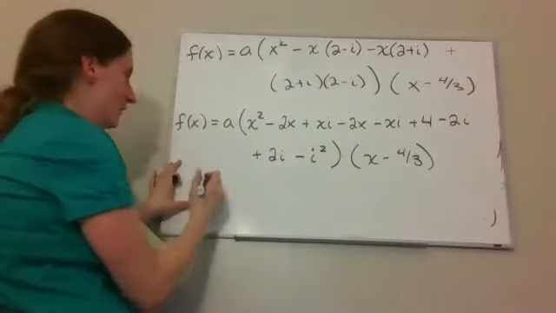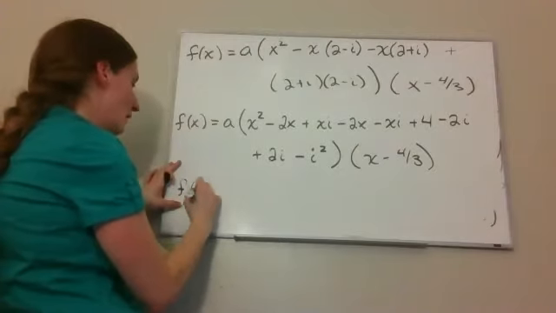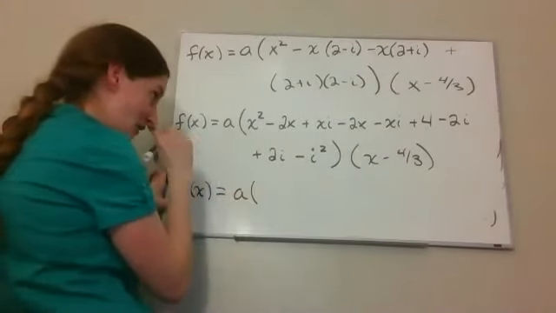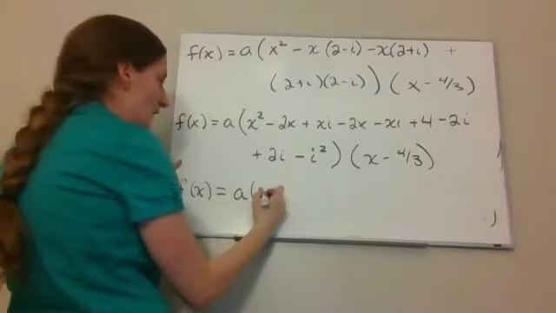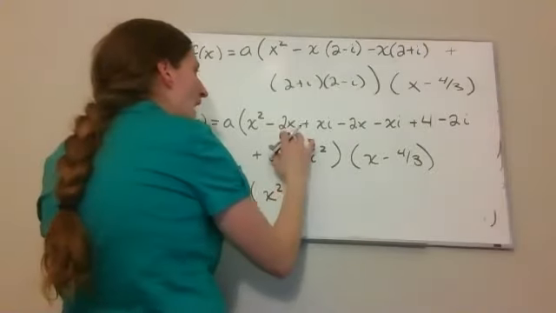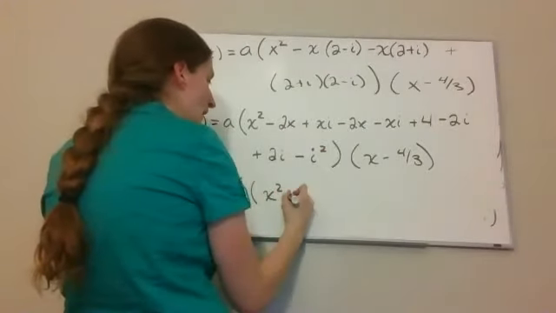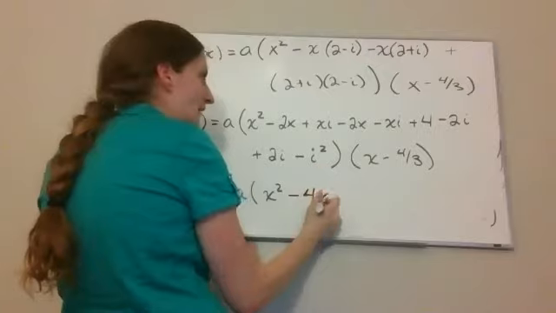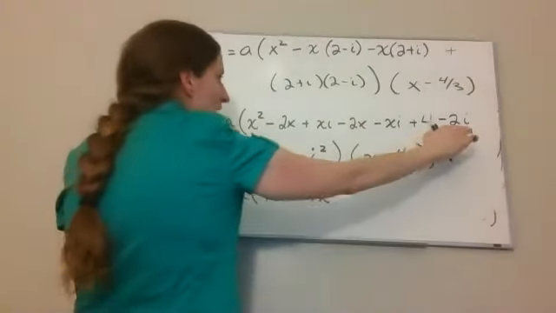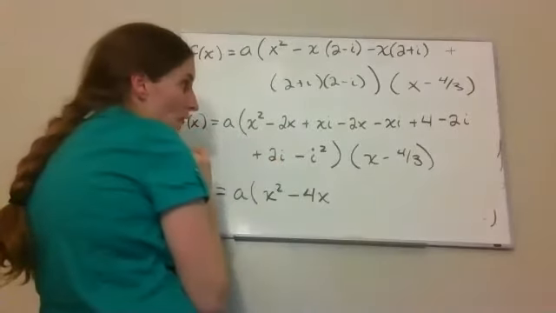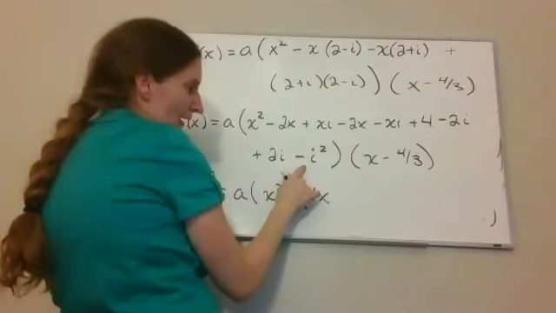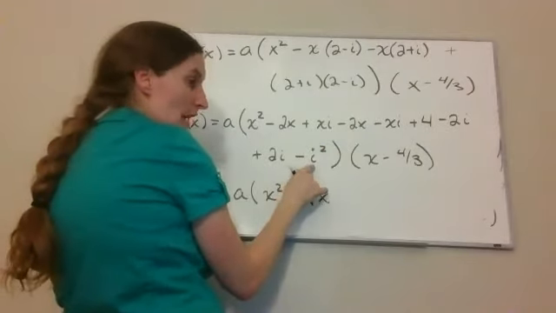All right. It's getting a little simpler. I have my a. Let's combine like terms inside of this set of parentheses. I have an x squared. I have minus 2x and another minus 2x. That's minus 4x. The xi's cancel out. My 2i's also cancel out. So I just have 4 and a minus i squared. i squared is negative 1.